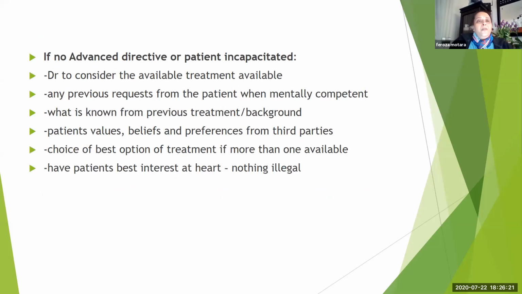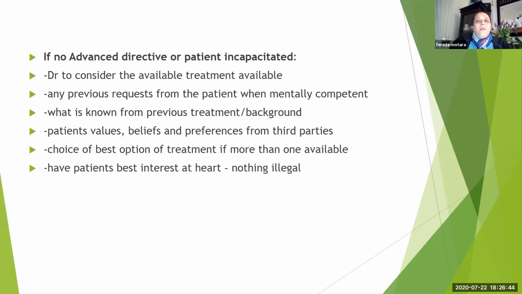If there are no advance directives or the patient is incapacitated, and more often than not, particularly in our emergency departments, this is what we're faced with: a patient arrives terminally ill, what do we do? The doctor has to consider the treatment available, and any previous requests from the patient while they were mentally competent.